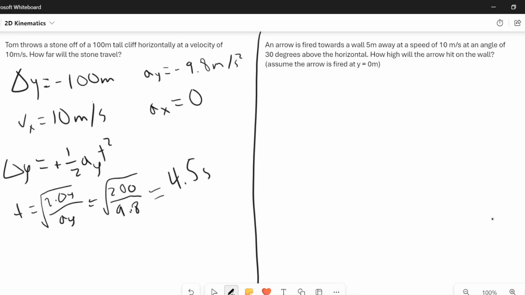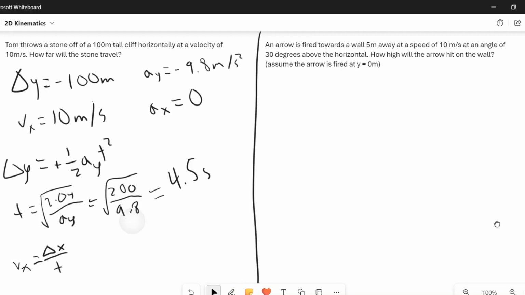Now that we know the time, we can use that since there's no acceleration in the x direction, the velocity in the x direction will be constant. Vx equals the change in x, delta x, over the time.